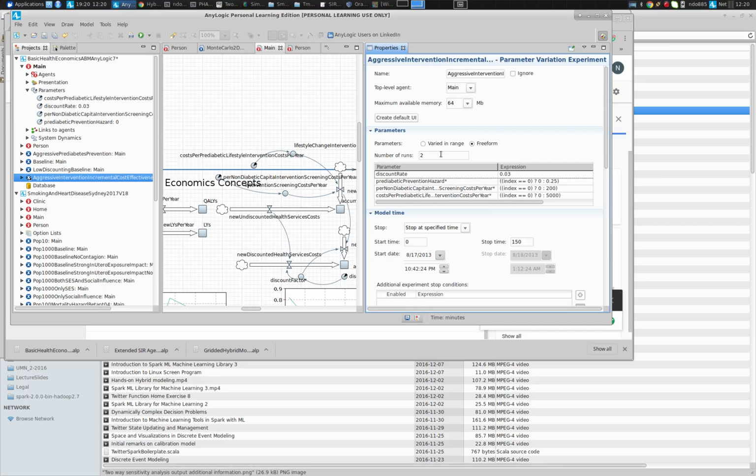Specifically, we have a parameter variation experiment that runs for 2 iterations. The first is the baseline. For the baseline, the prevention hazard is 0, and we have no cost per year for others. Then when the intervention is in place, we have these costs being borne and this prevention hazard being implied.